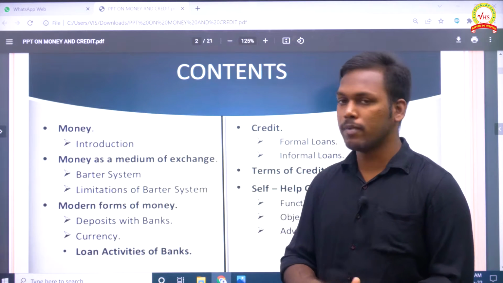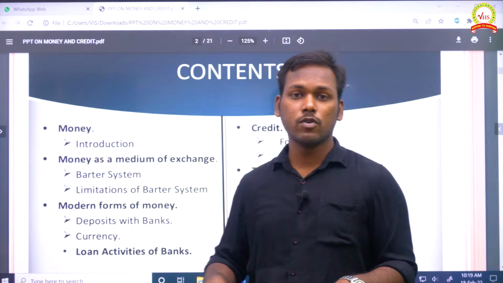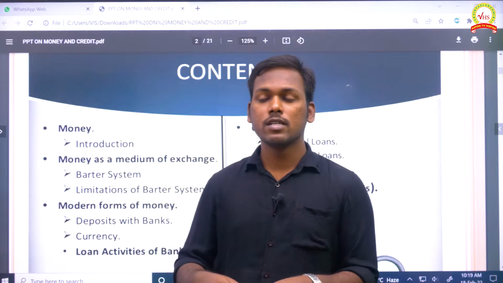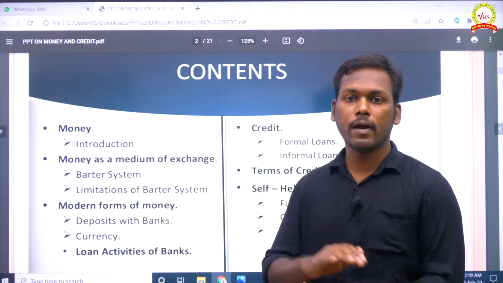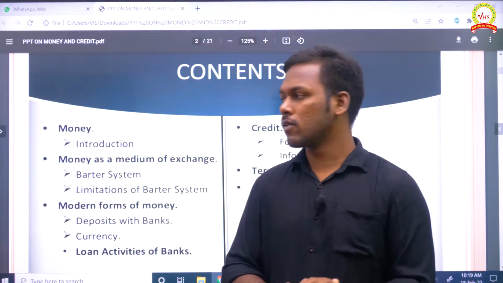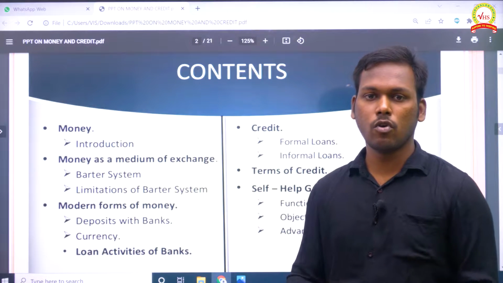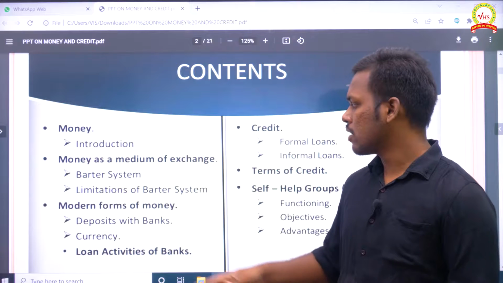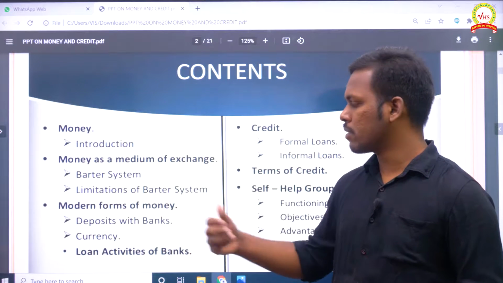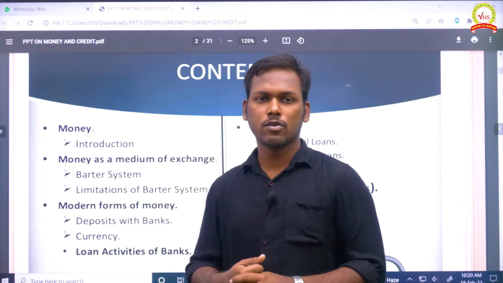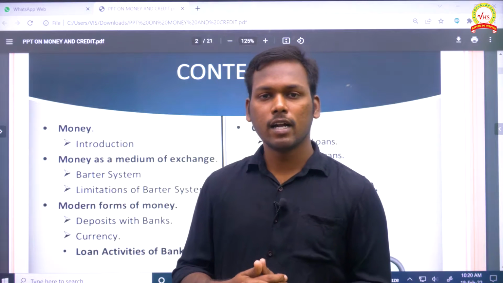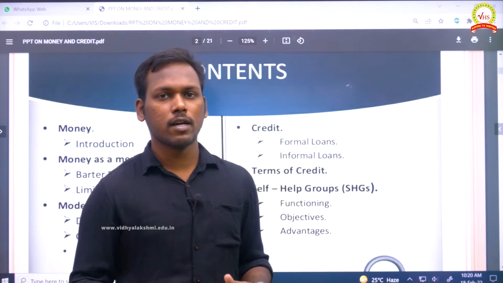And the limitations of the barter system, because it was not helpful in some areas and had some drawbacks, we are going to discuss in this chapter. And modern forms of money, you might be aware of all these: deposits with the banks, currency, loan activities from the banks. This chapter covers those things.